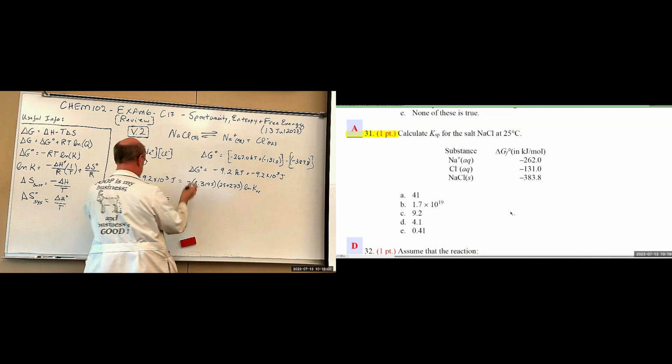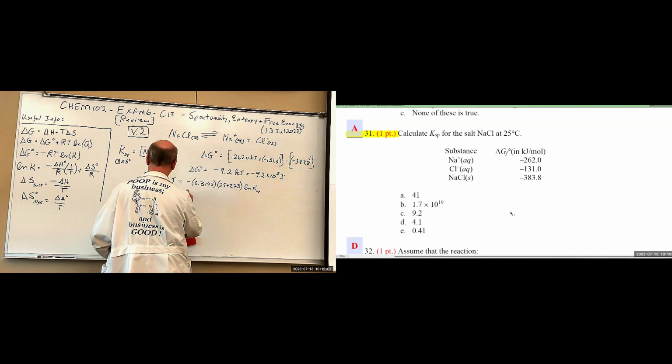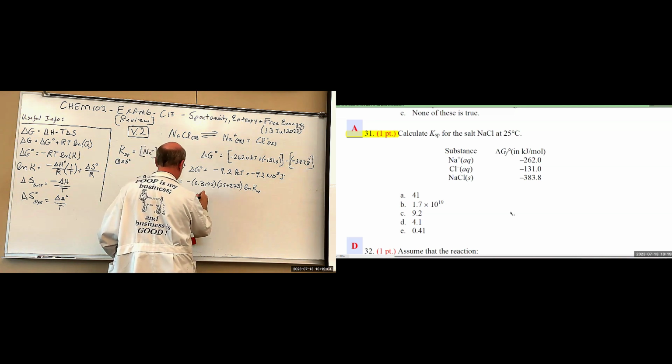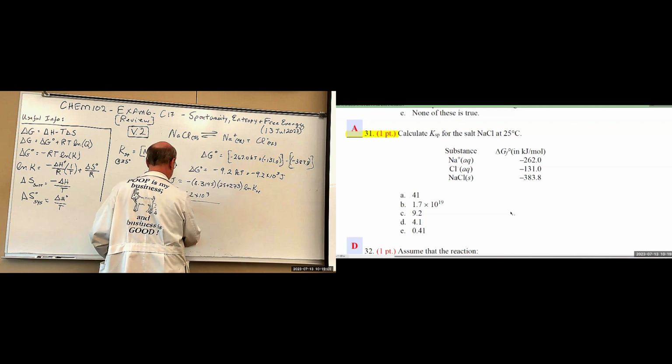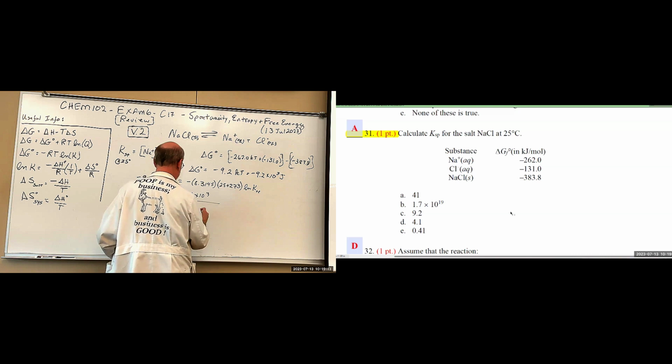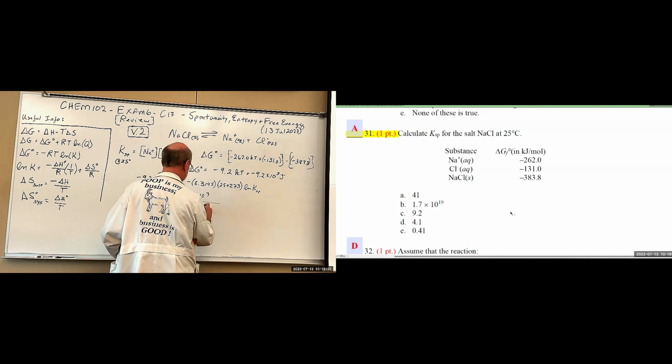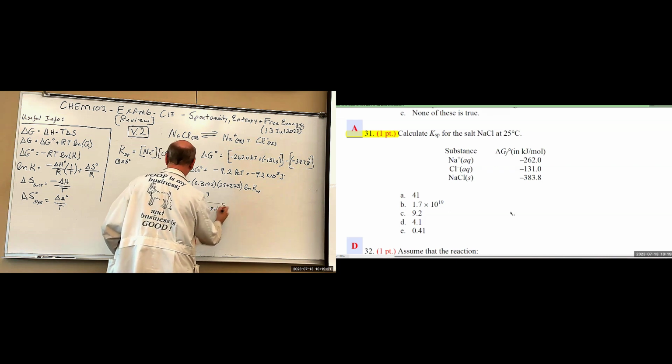Yeah, I'll drag it out so every step will be here. 9.2 times 10 to the third divided by minus 8.3145 times 298. Okay.